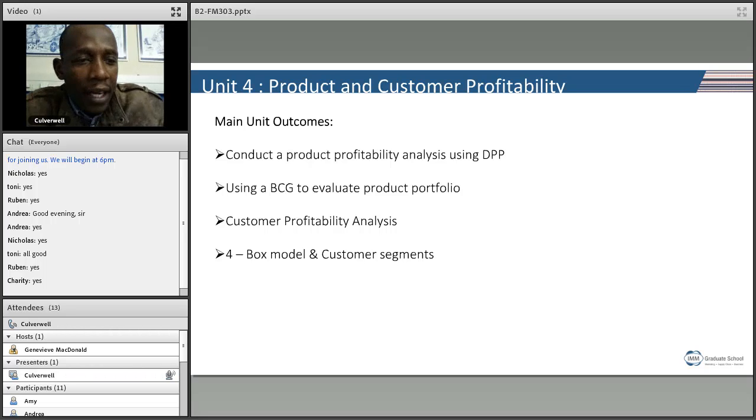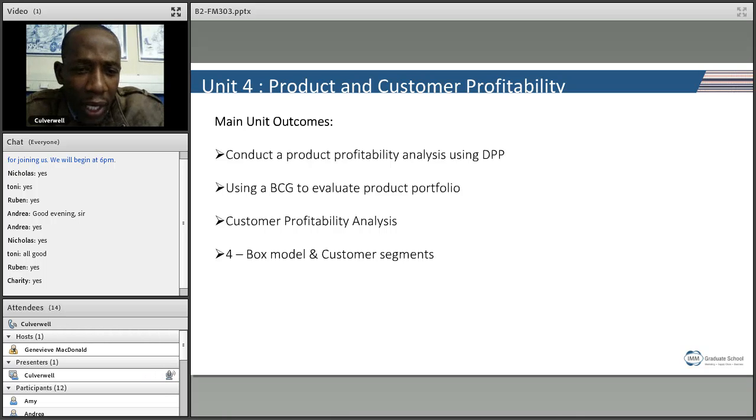A discount in finance is an expense. It reduces the total or the expected profit one would have made from a project or from a product. So that's the essence of Unit 4, product and customer profitability: how a company can utilize and allocate its resources effectively and efficiently as well.